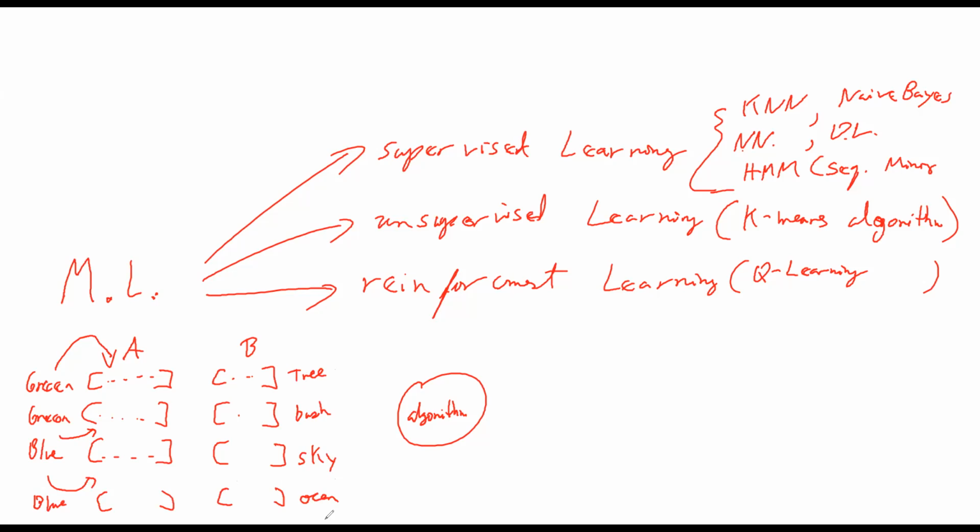Do you see that? That's what supervised learning means. The algorithm learns how to associate the characteristics of A, called the features, with the information of B, which is usually referred to as the labels or the classes. That's all that a supervised learning algorithm learns how to do. It learns how to create a model of that association.